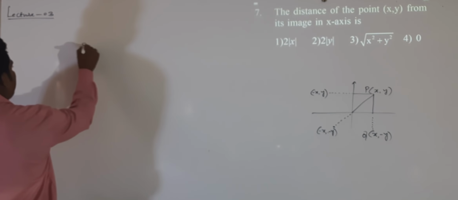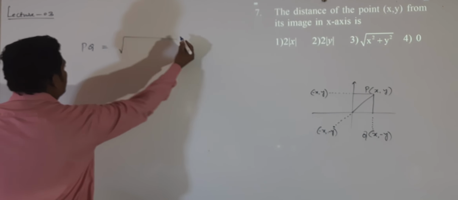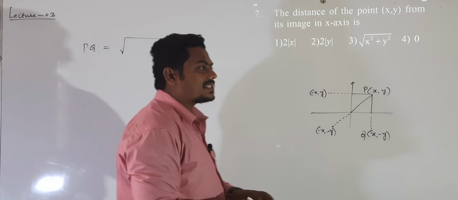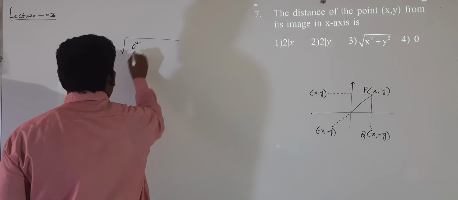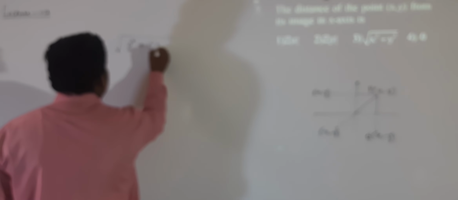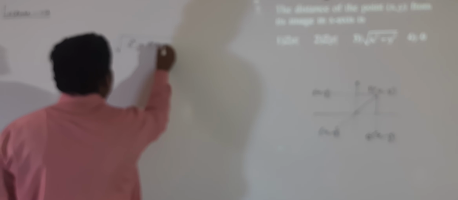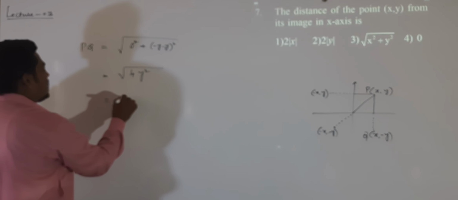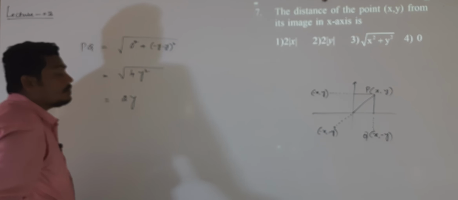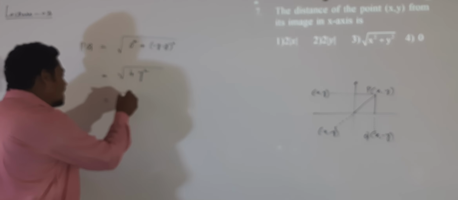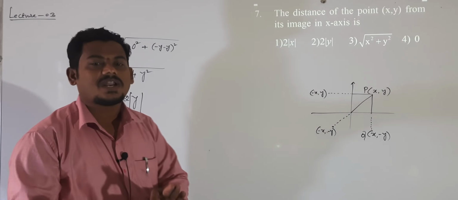Q is image of point P with respect to x axis. Then PQ is equal to square root of, just use x2 minus x1 whole square. In this case clearly the x coordinates remain the same, so it will be 0 square. Why? Because x minus x whole square plus y minus minus y whole square, that is equal to square root of 4y square. It will be 2y, but we don't know whether y is positive or negative. For that reason, consider modulus sign, because distance should not be negative.